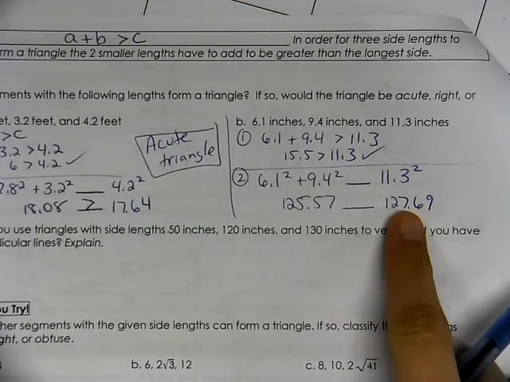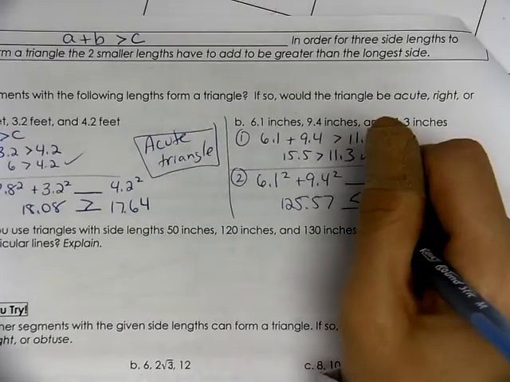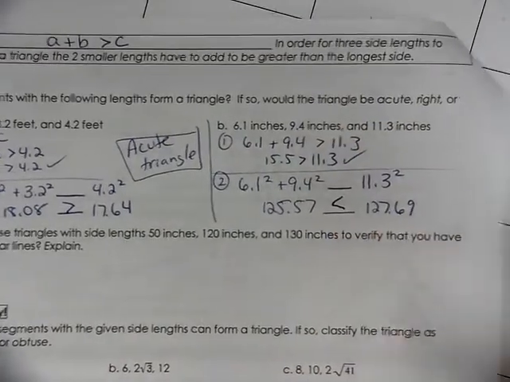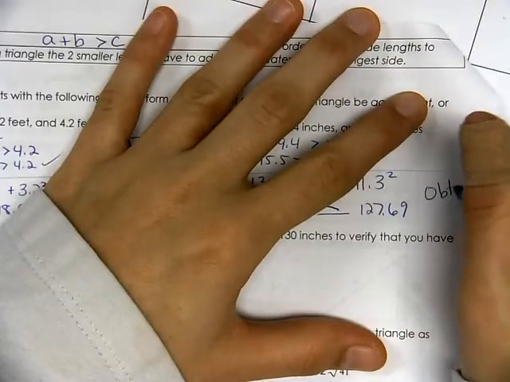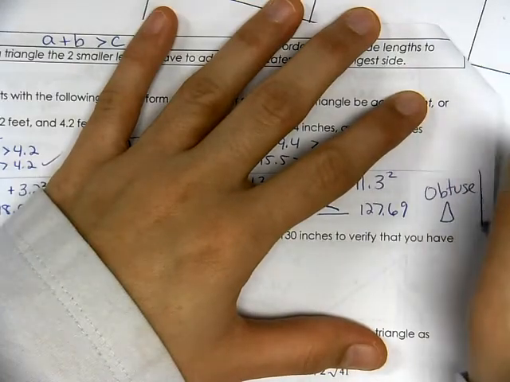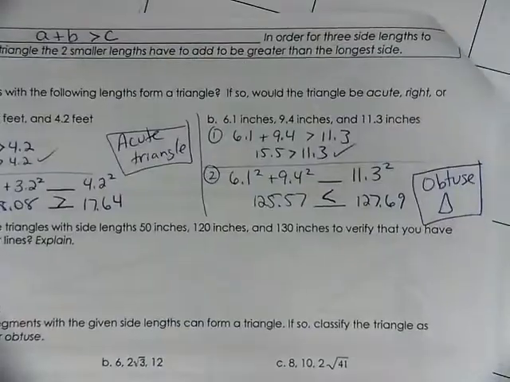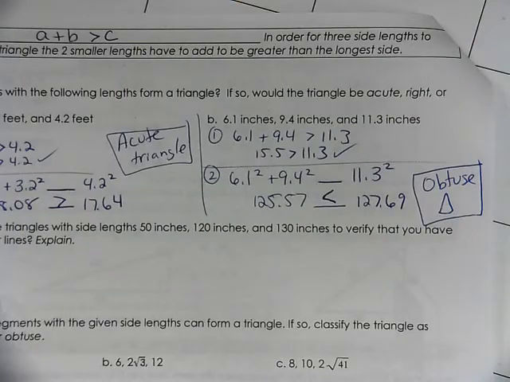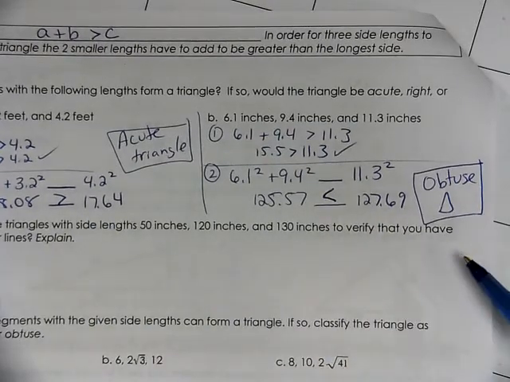So because this side is greater, our C squared is greater, this is an obtuse triangle, since our C squared is greater. Okay, so there's going to be a whole bunch of formulas you're going to have to know for the quiz on Monday. Make sure you know the difference between acute and obtuse. Right's pretty easy, because as long as they're equal, you're good.